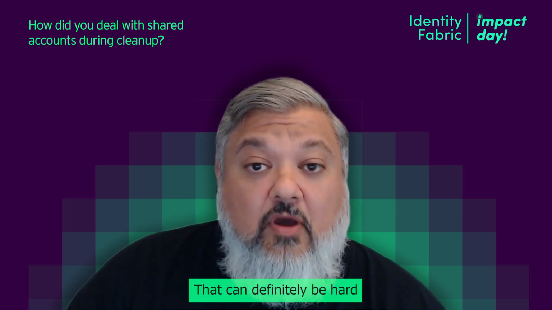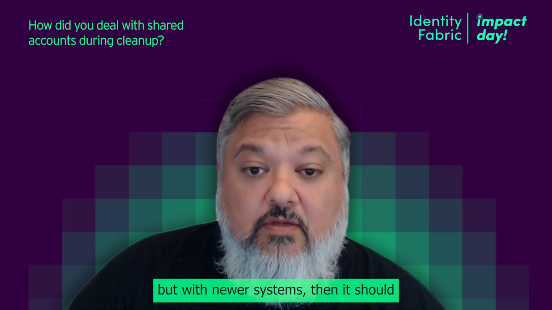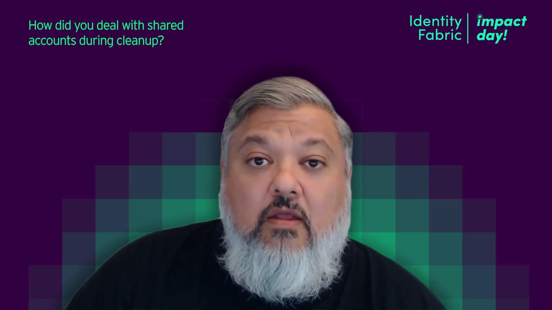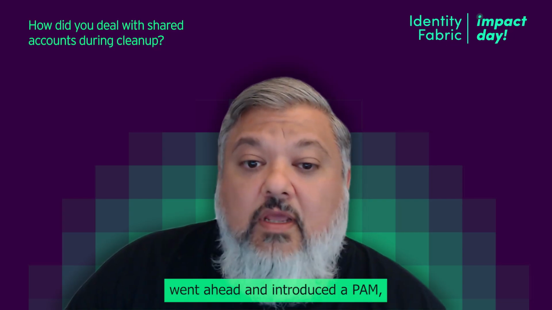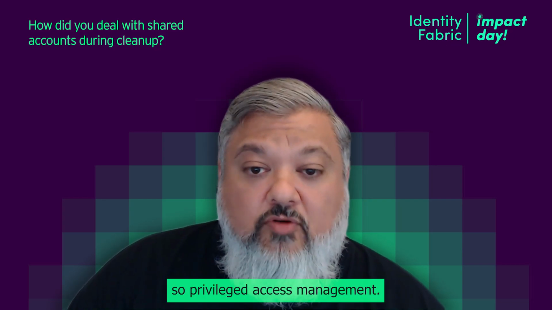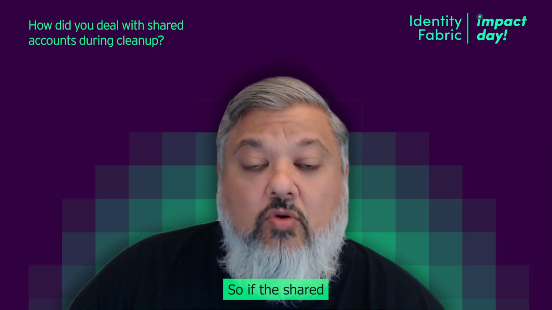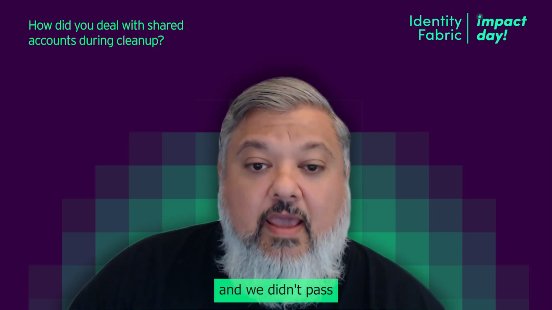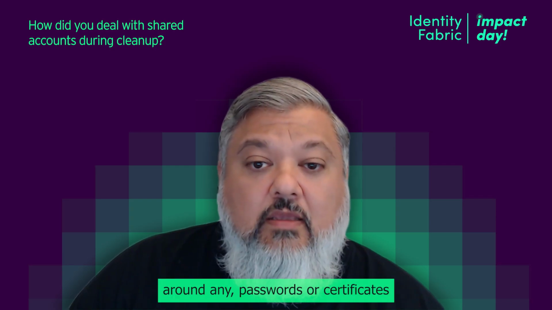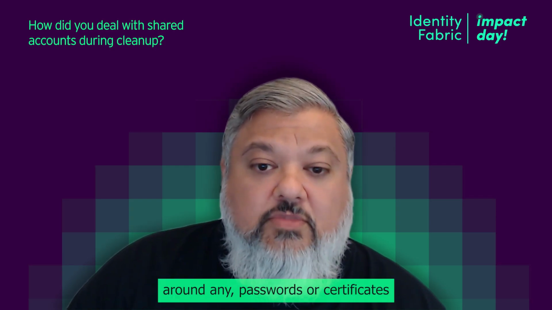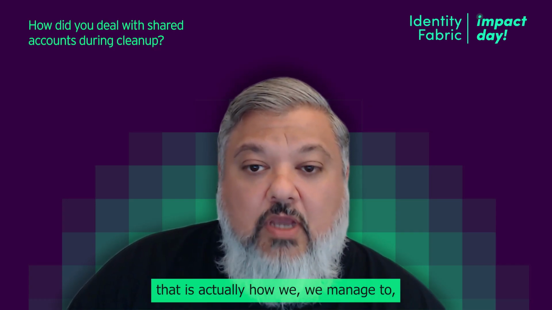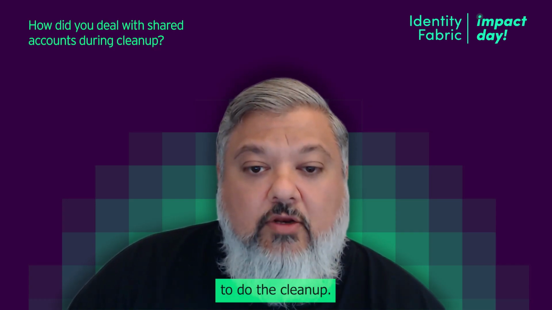That can definitely be hard for legacy systems, but with newer systems, it should be possible. Then we went ahead and introduced a PAM, Privileged Access Management. The shared credentials were basically checked out, and we didn't pass around any passwords or certificates. That is actually how we managed to do the cleanup.